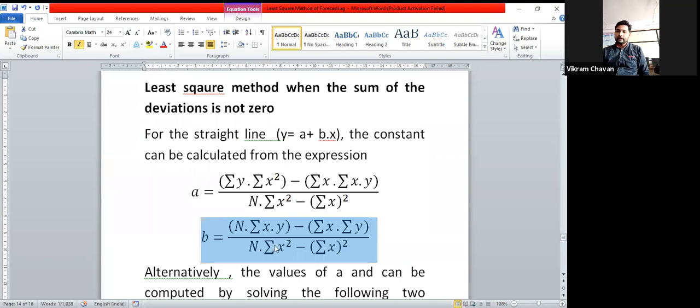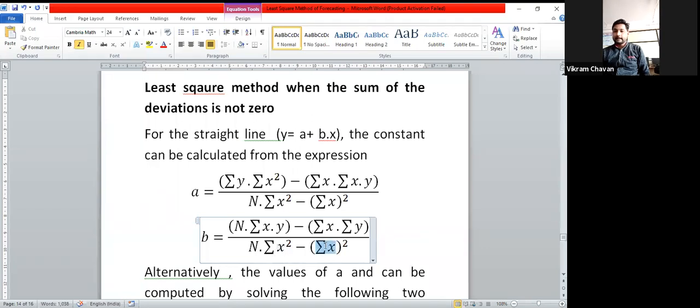So there is a difference between summation of x square and summation of x bracket square. In the summation of x square case, we first take the square of each value and then take the summation of that, which is summation of x square.